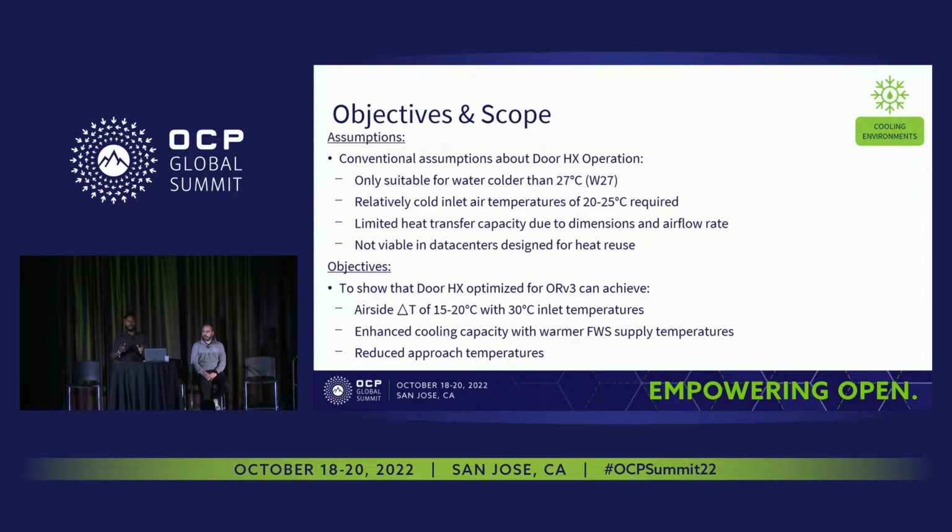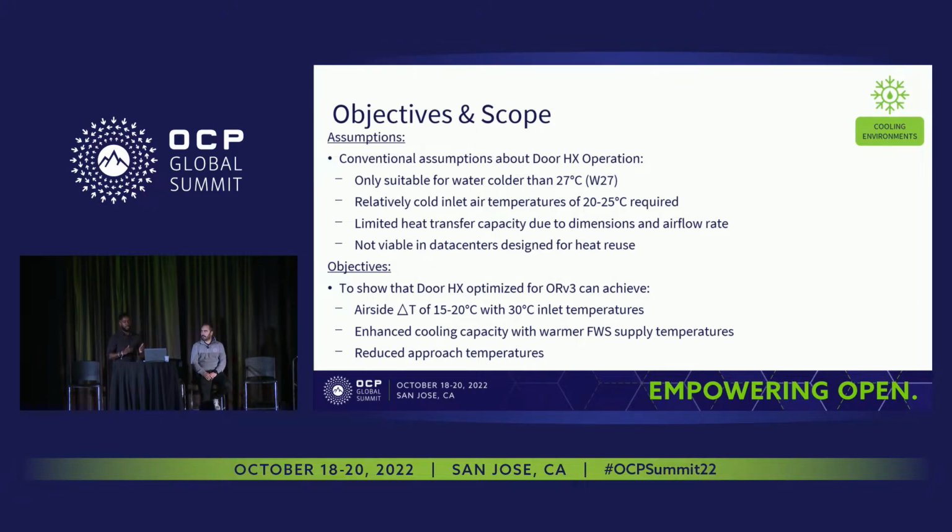The reason for that was the limited heat transfer capacity that people would assume a door heat exchanger would have because of the dimensions and the airflow rates. Finally, we also heard that there was an assumption that it was not viable in heat reuse scenarios to use a door heat exchanger. We attempt to tackle each of those assumptions in the white paper that we are writing.